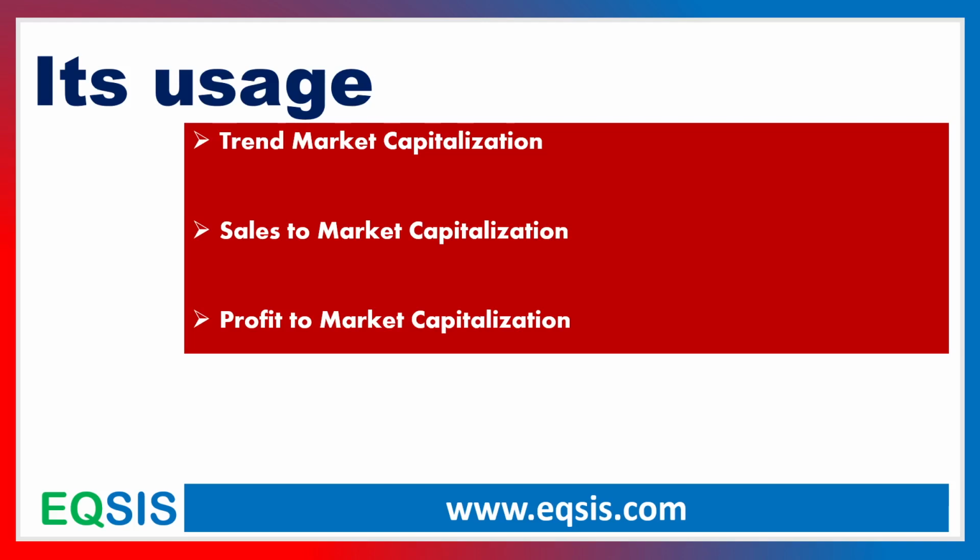So the market capitalization talks about the size of the company in recent times, and sales to market capitalization is a very interesting metric widely used by fundamental analysts, especially from a relative valuation perspective. Profit to market capitalization is also very interesting. These factors will help us to relatively compare one company to another company.